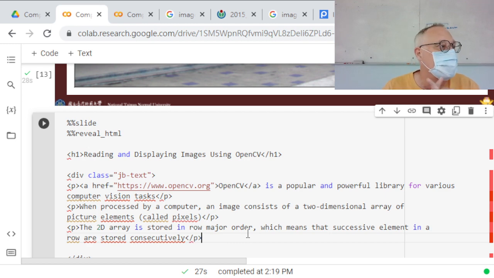It just means that as you go through the row, each pixel is followed by the next pixel, next pixel, next pixel in memory. So you basically go through one row at a time in order to store your two-dimensional array in memory, because memory is just basically a one-dimensional array.